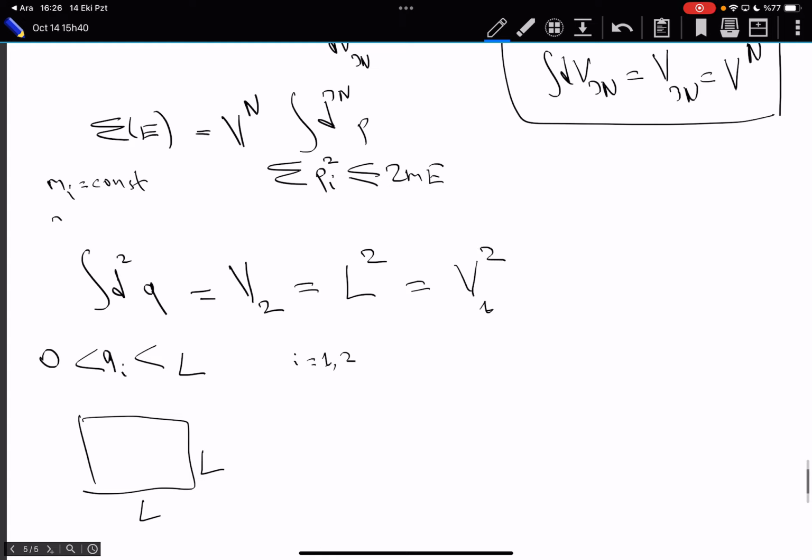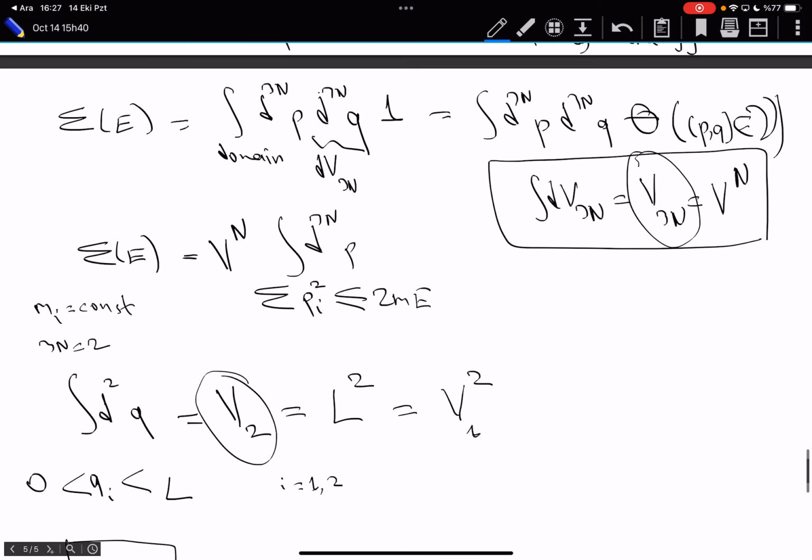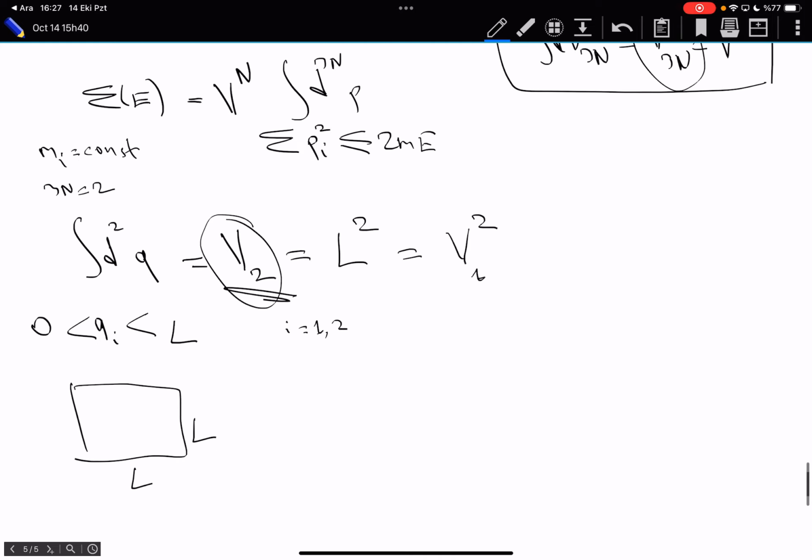This is for 3n equal to 2. So this is the 2-dimensional volume in the 2-dimensional phase space. If you like, this is the 3n-dimensional volume in phase space. It's not just in 3-dimensional space, it's the 3n-dimensional space. I can express that in terms of my volume in the 1-dimensional space.